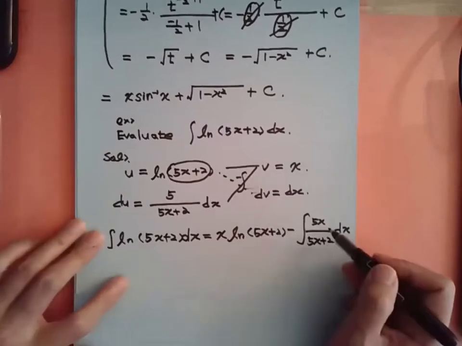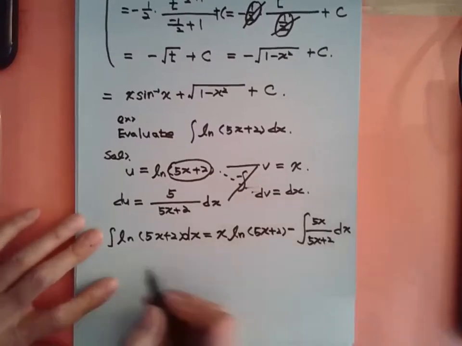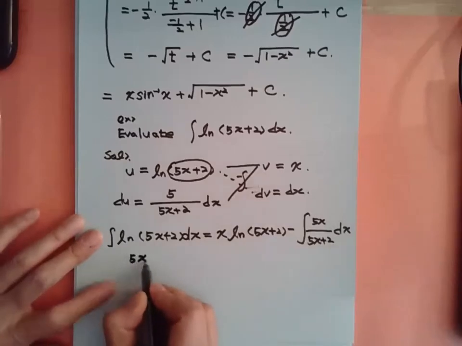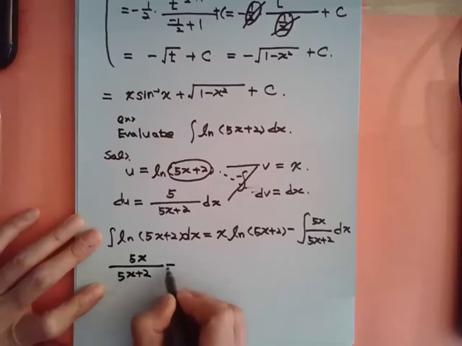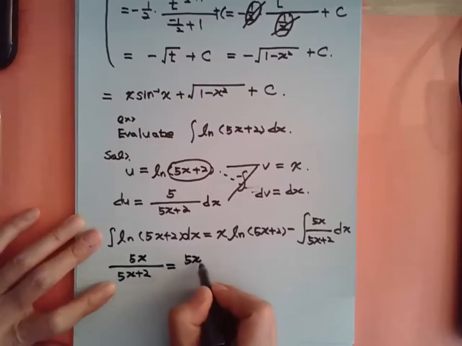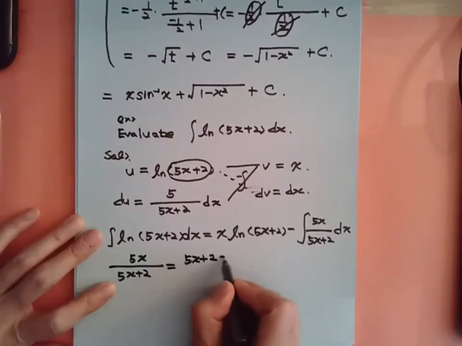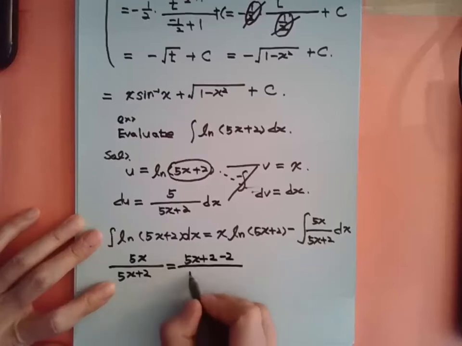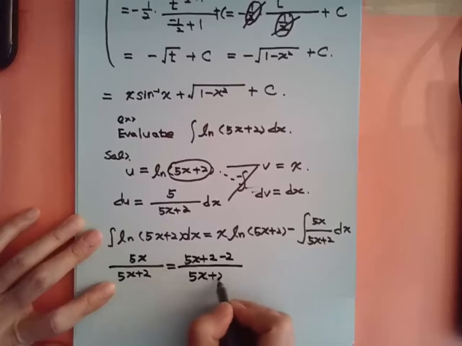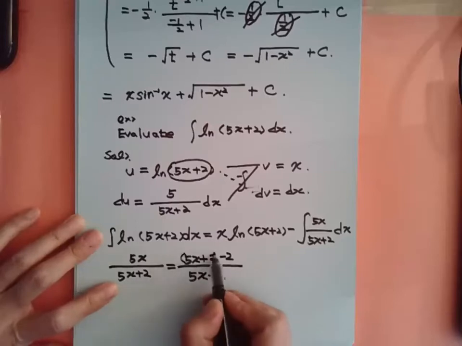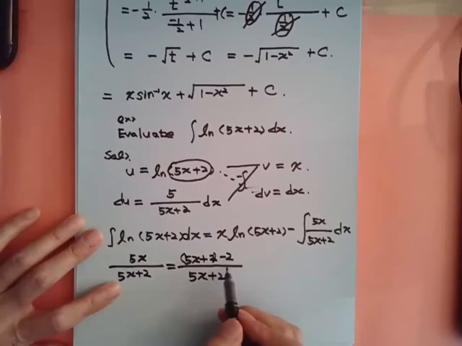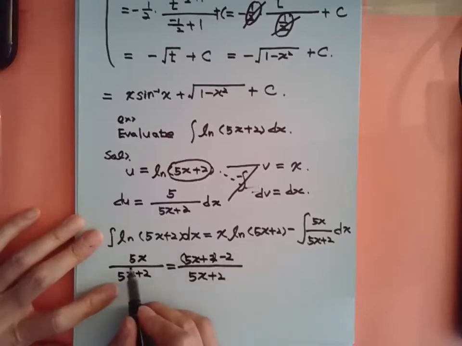So we will alter the fraction: 5x over 5x plus 2, into (5x plus 2 minus 2) over 5x plus 2. Basically, let's write the same in the numerator and make some small adjustment to make the numerator 5x.